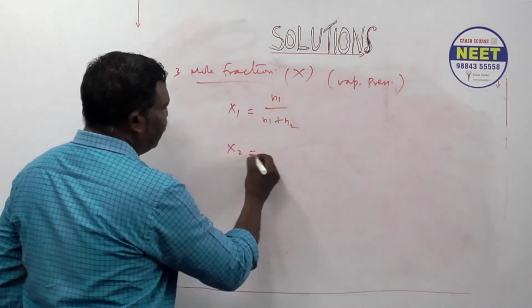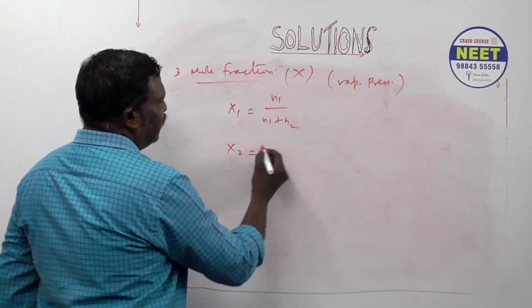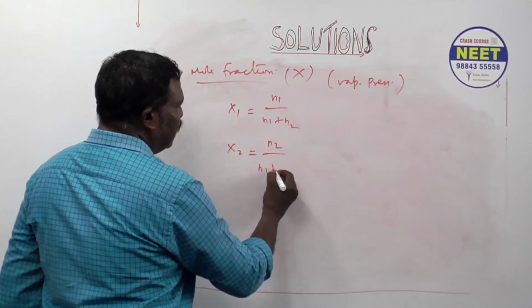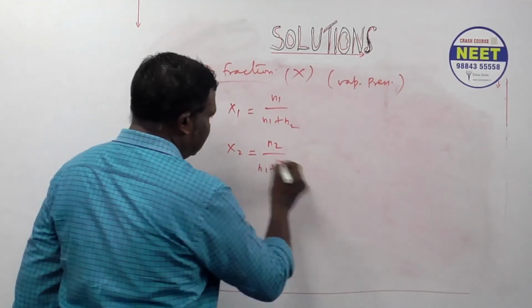X2 is N2 by N1 plus N2. Just keep in mind.